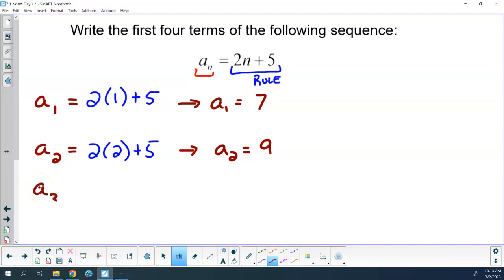Third term, A sub 3. See the pattern in the sequence yet? What's the pattern? Adding 2. So A sub 3 should be 11. Two times 3 plus 5, 11. So it works out.